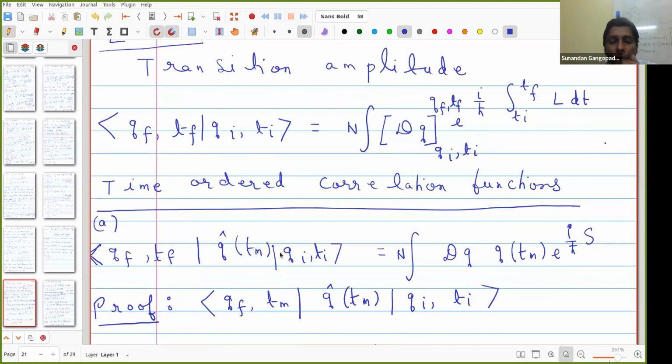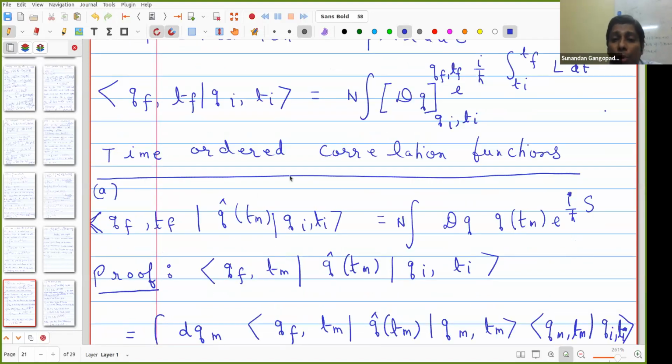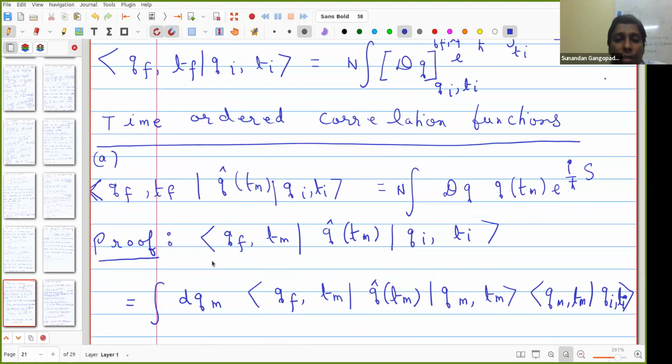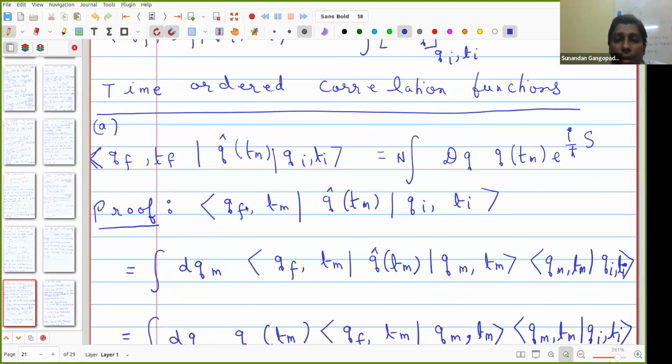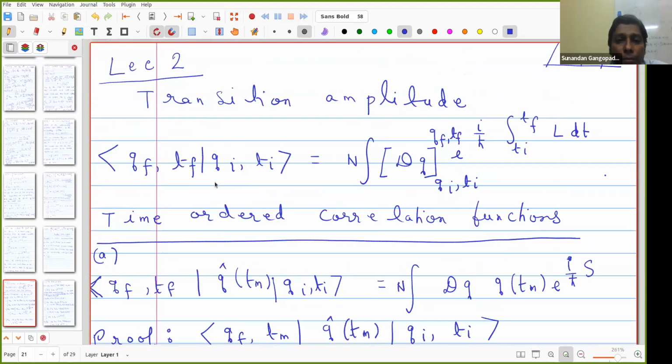Now let us see what we mean by time-ordered correlation functions. So let us try to prove one important result. So far we have been talking about these overlaps. Now let us ask this question: what happens when we put some operator inside these overlaps? So let us consider a quantity like this.